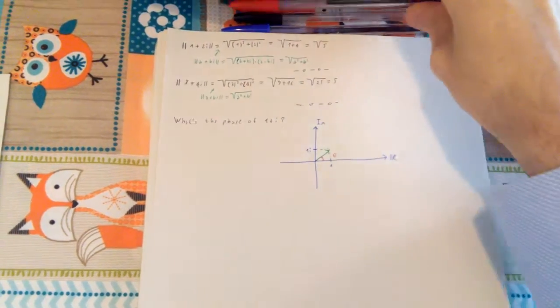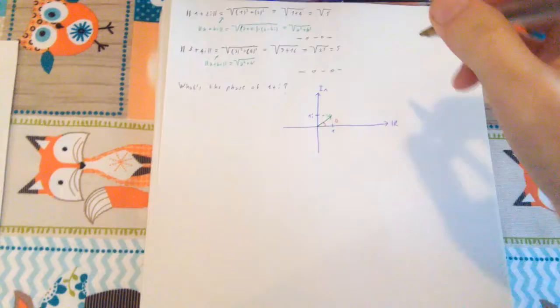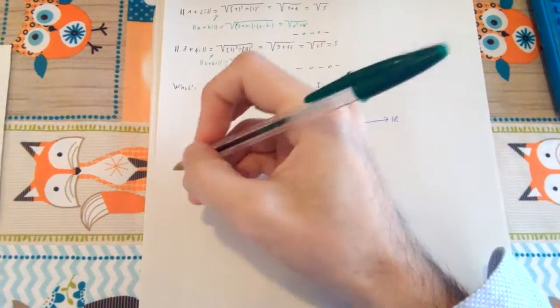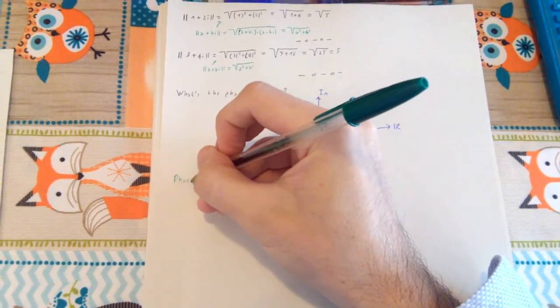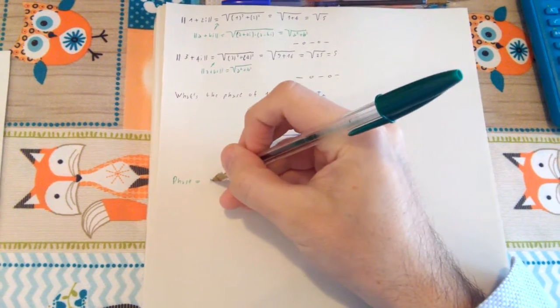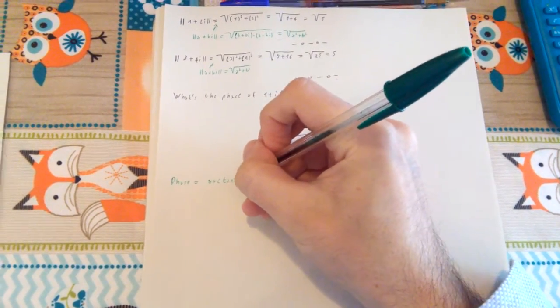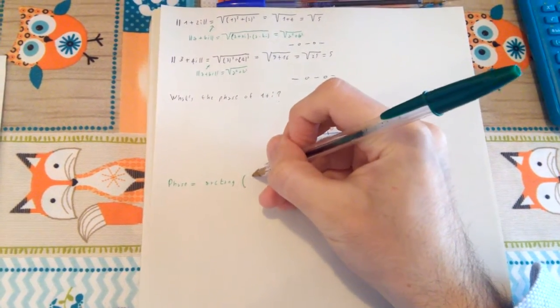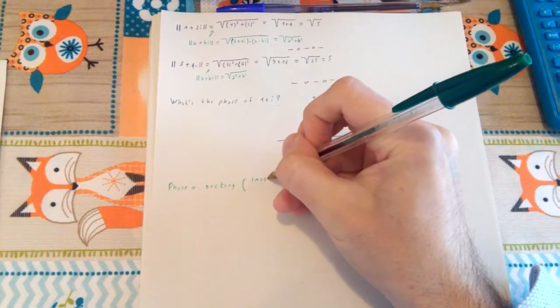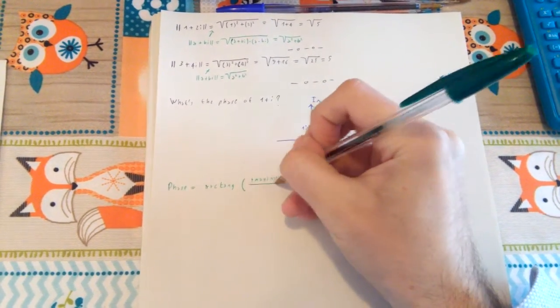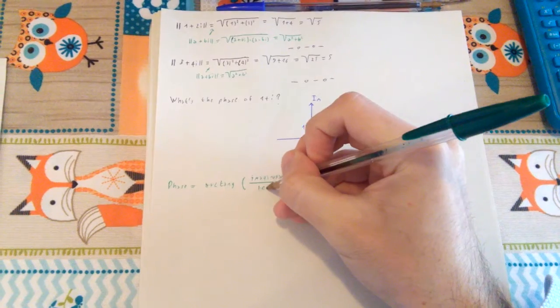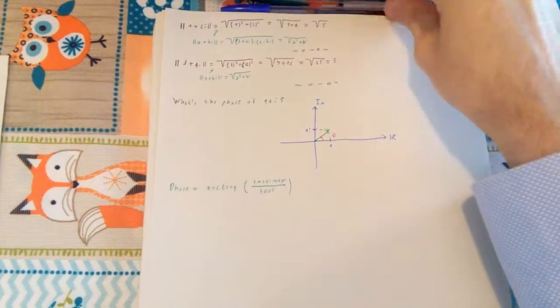Now, theta. The thing is that for a complex number, the phase is given by the arc tangent of the imaginary part over the real part.